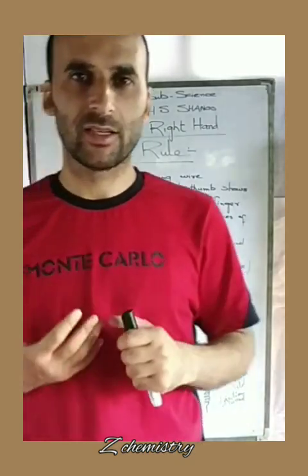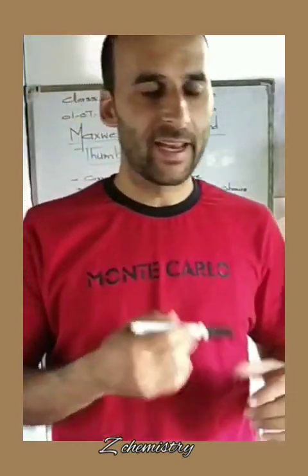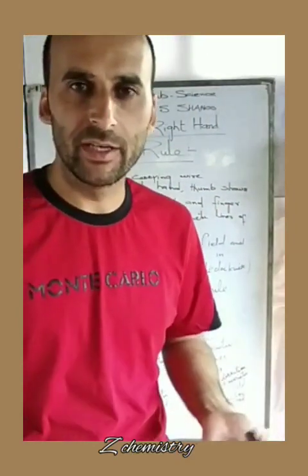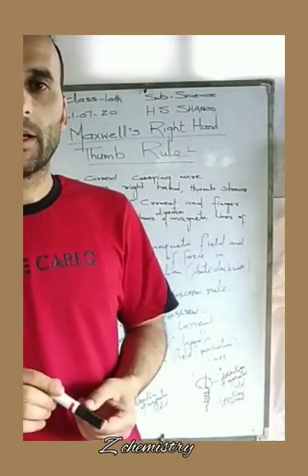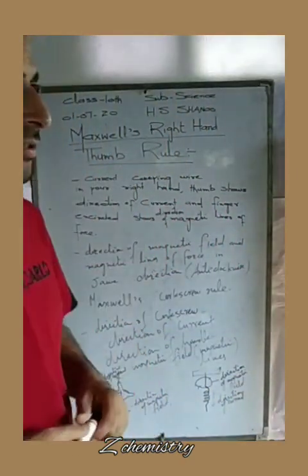we notice the direction of the current flowing through any conductor or current carrying wire, and we also know what will be the direction of the magnetic field, or the magnetic lines of force.